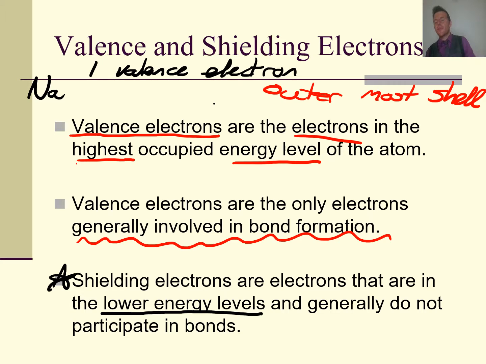And then every other electron would have been a shielding electron because they were on the inner energy levels. So there was one valence electron and 10 shielding electrons. Shielding electrons don't do much. They'll come into play later on, but for right now, don't worry about them.